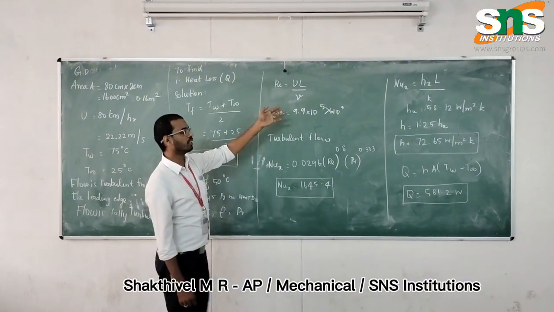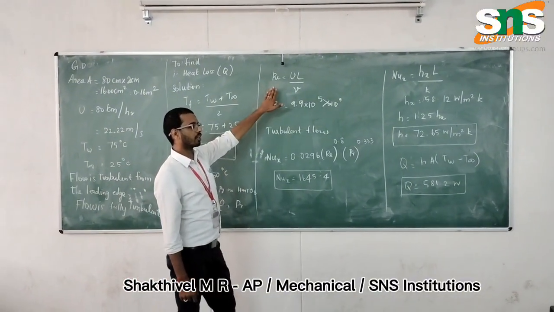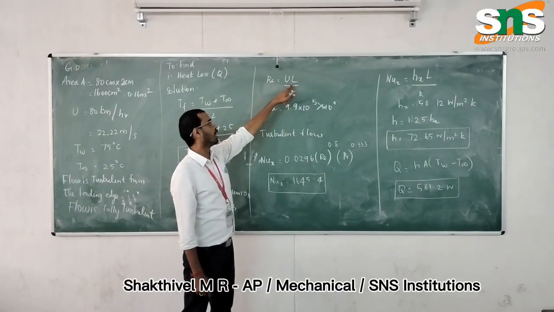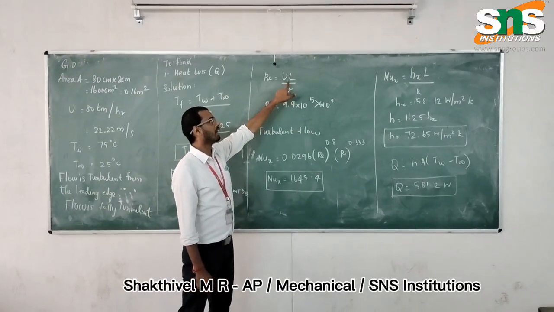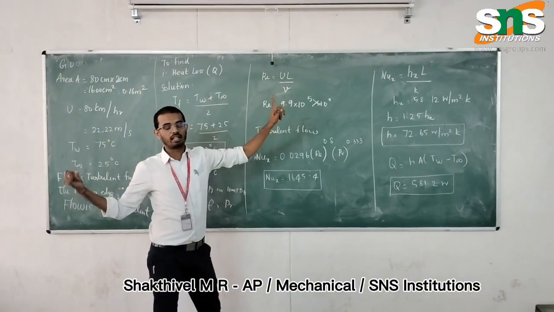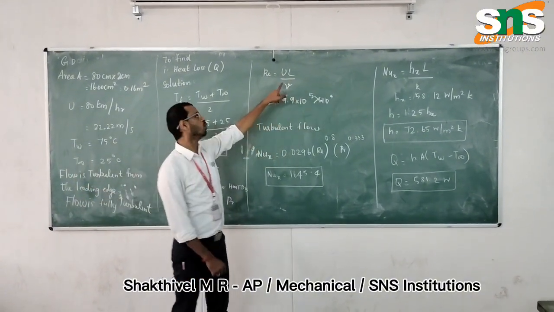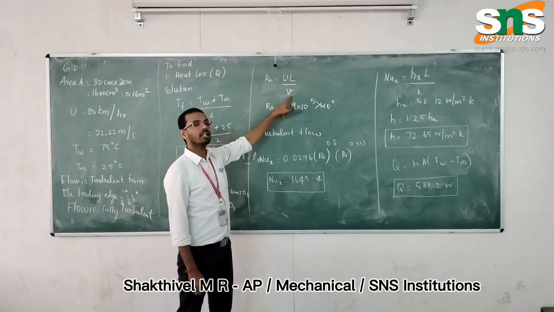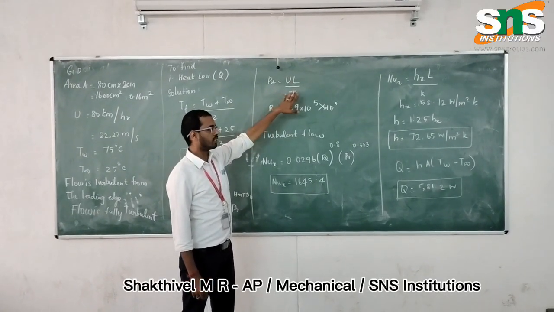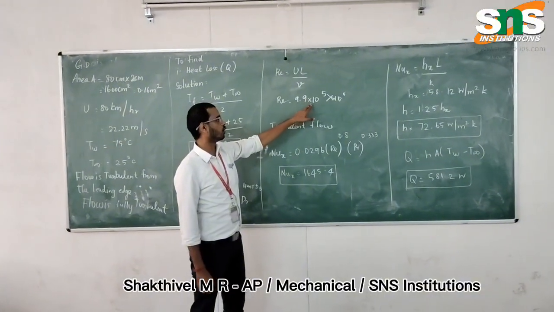By using these values, we can substitute in the Reynolds number. The Reynolds number is UL divided by nu. We take UL instead of UD because it is a crankcase where the area is given as length into breadth. So velocity into length divided by kinematic viscosity nu. We substitute all these and get 9.9 into 10 to the power 5.